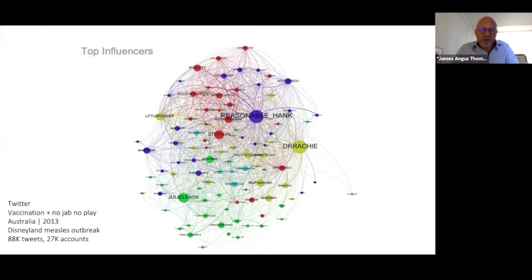The color coding is not important in this graph in particular, but we see both pro-vaccine accounts and vaccine critical accounts. The pro-vaccine accounts in general are larger, but there are a couple of very large critical accounts as well. But this is an interesting snapshot that allows us to see, for example, amongst those pro-vaccine accounts, who's influencing who, who's reaching who, and the same with the vaccine critical accounts.